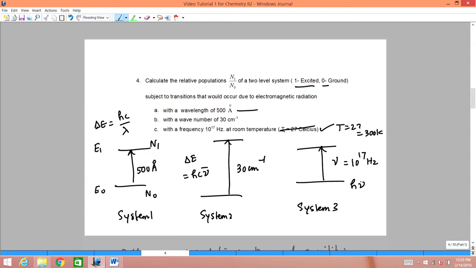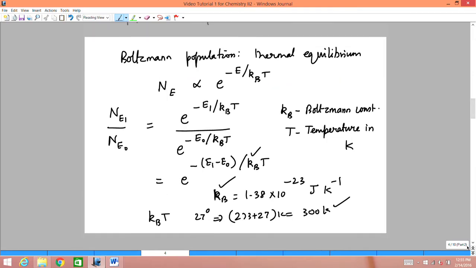So there are 3 different units used, and therefore in each one of them you can calculate. The only thing you have to remember is that angstrom refers to 10 raised to the minus 8 centimeters, so 500 angstrom is 500 into 10 to the minus 8 centimeters, or 500 into 10 to the minus 10 meters.